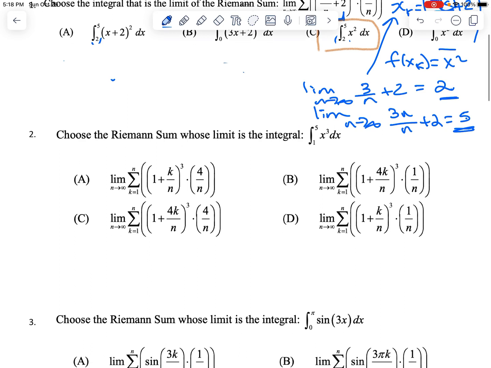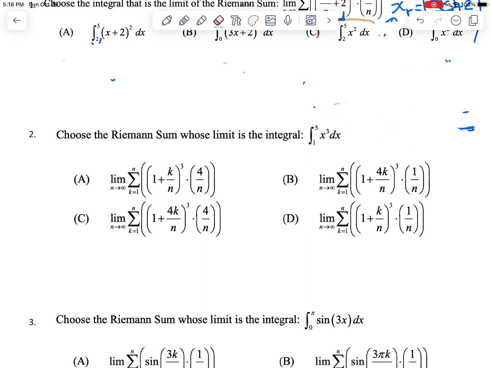Okay, again, I start the same way. This time, I'm given the definite integral, and I have to match it to the Riemann sum. So I'm going to start with the dx like we did before. From here, I can tell you that dx is going to be 5 minus 1. That's your interval. You're dividing it up over n rectangles. So my dx has to be 4 over n.